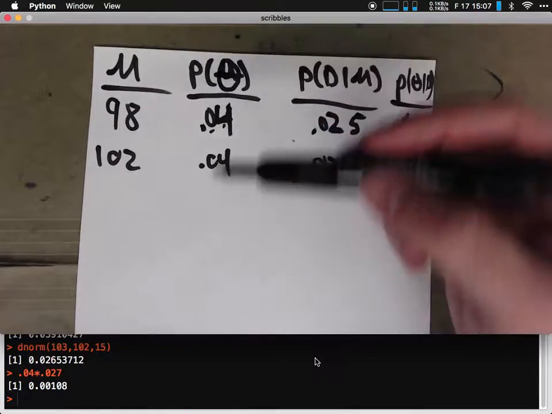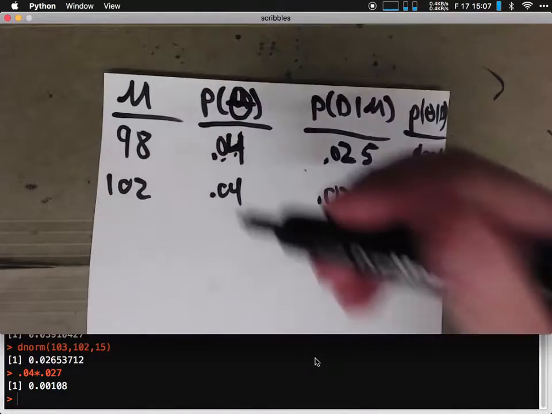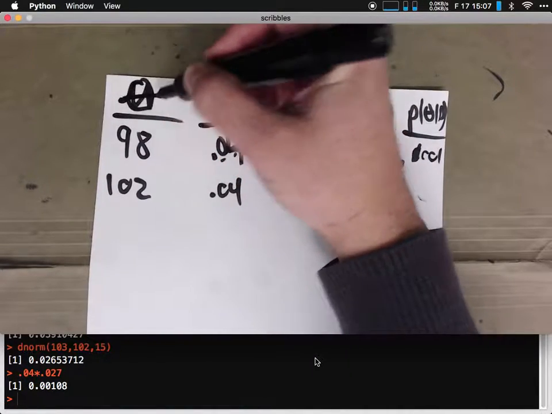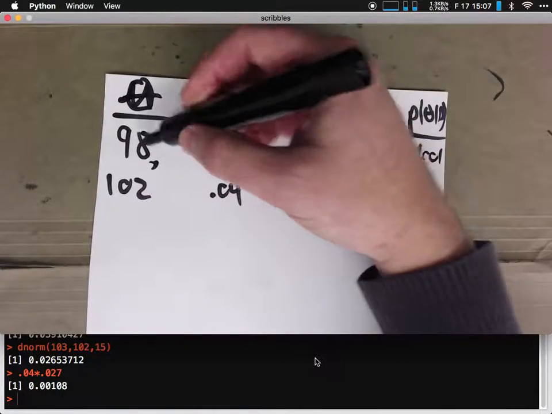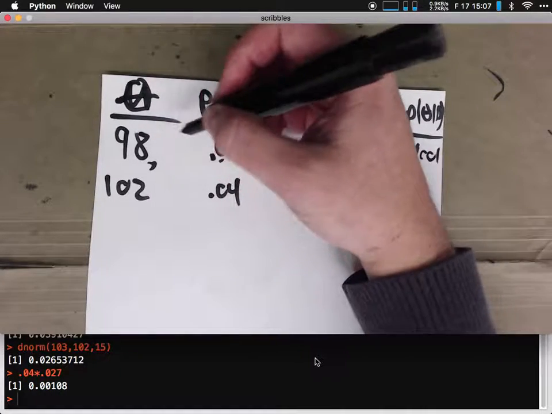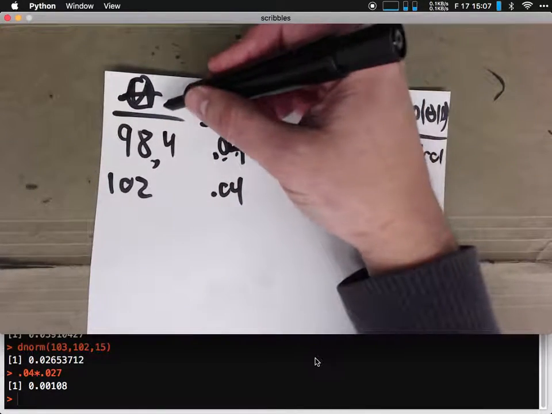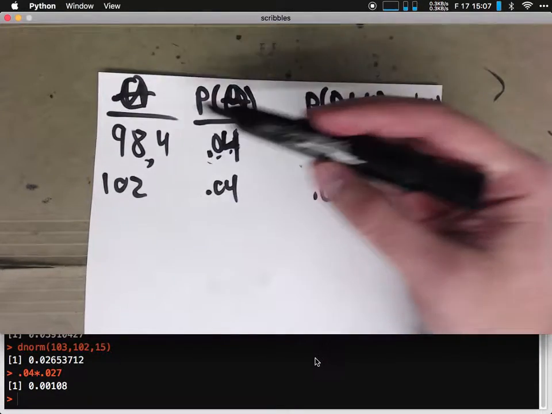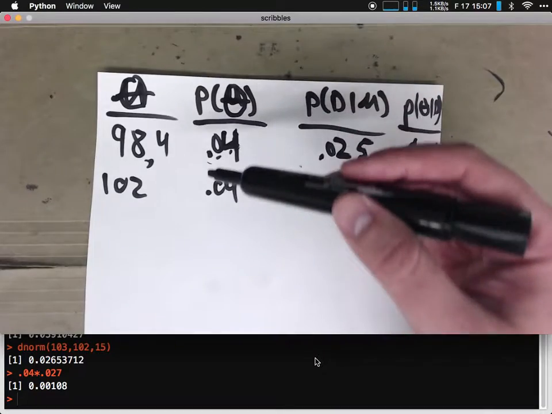So we get the height of that surface at that guess. So if we were at, say, 90, we'd have to say what theta was here. It would be two numbers, 98 for the mean and 4 for sigma, for example. So we get a height for that surface at that bivariate point.